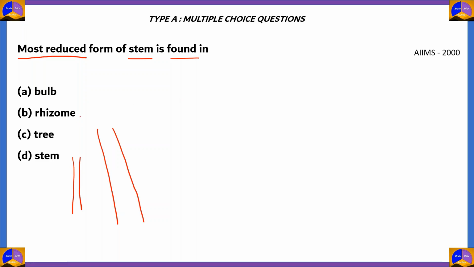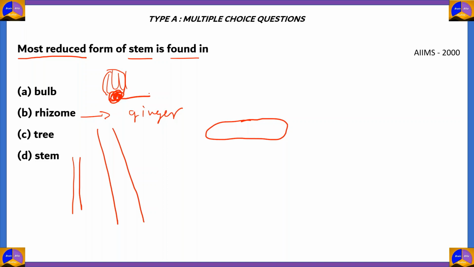What about rhizome? This is found in ginger, and it is basically a rod-like structure horizontally, while a bulb is a collection of leaves. These are the leaves, and there is a discoid stem right here. So this disc is the stem.